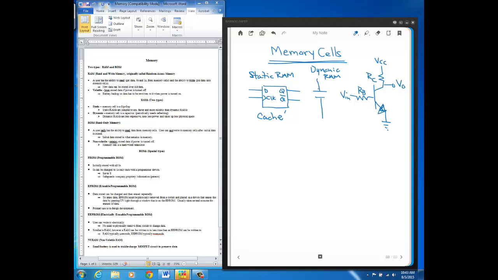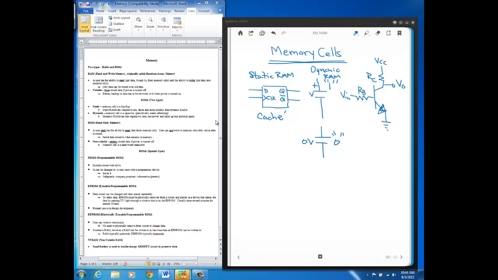Simply, when this integrated capacitor is charged, it's storing a 1. If it's not charged, if there's 0 volts across it, that's how you store a 0. So dynamic RAM uses silicon capacitors to do the storing of the bits.